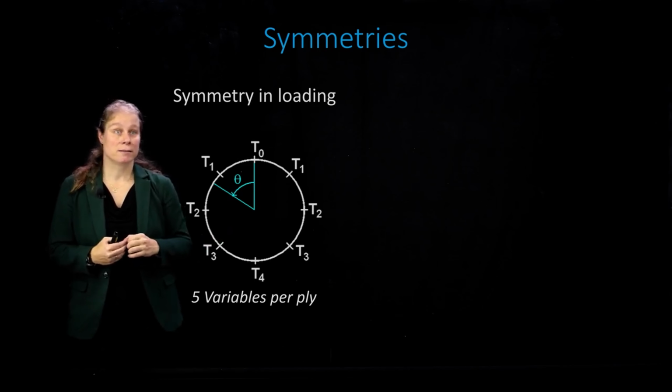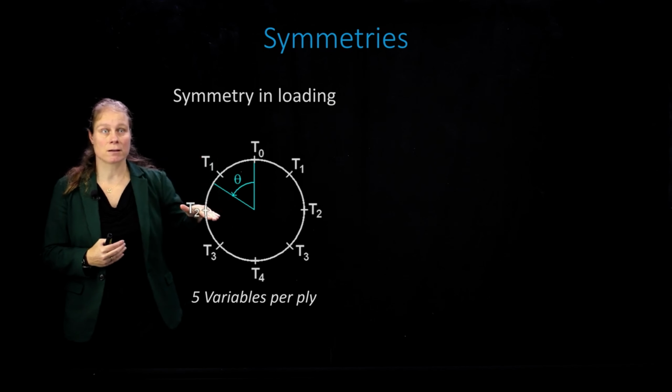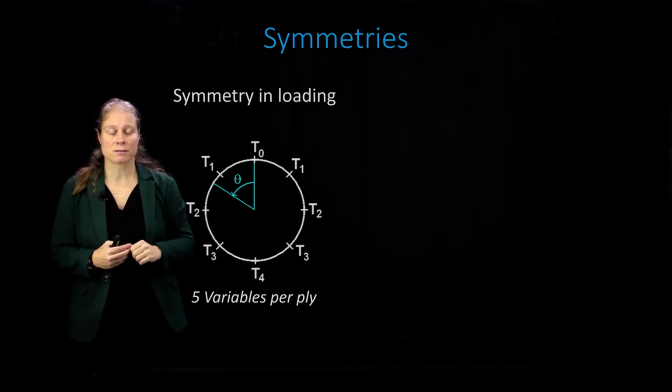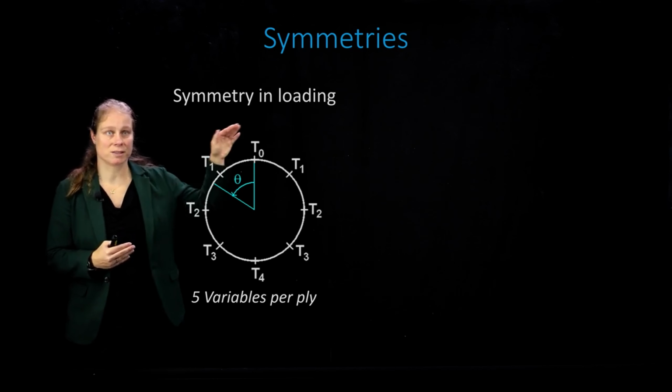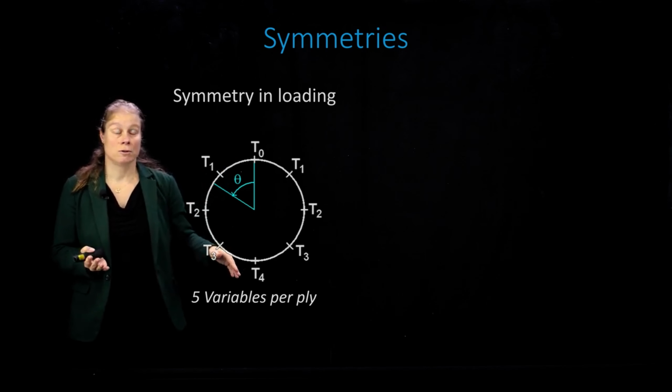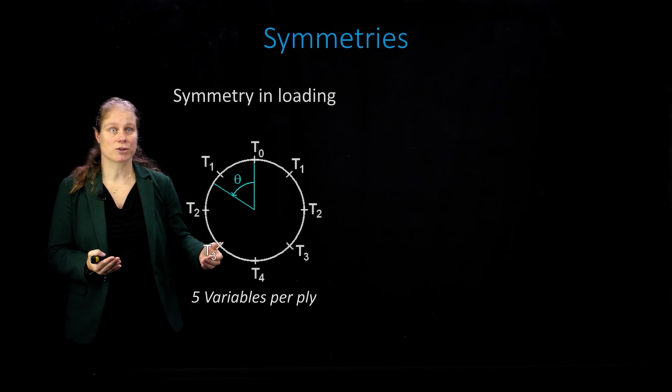Now you do see that going from the top to the bottom, the variables are allowed to be different. And that's because we have tension on the top, so where the T0 would be, and compression on the bottom. And so I figured, we probably want to have enough variation to have different structural behavior on the top and on the bottom.